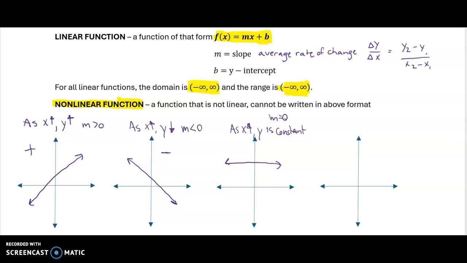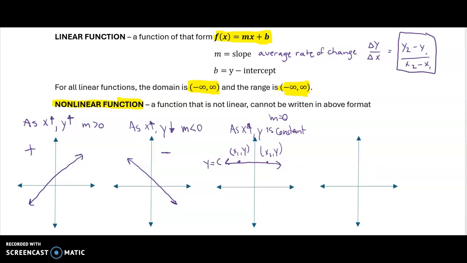Your slope is 0. And if we think about our formula, y2 minus y1, for each of these x values, x1, our y value is the same, and for x2, our y value is the same. So we'd be subtracting the same number in our numerator, and we would get 0 for our numerator.